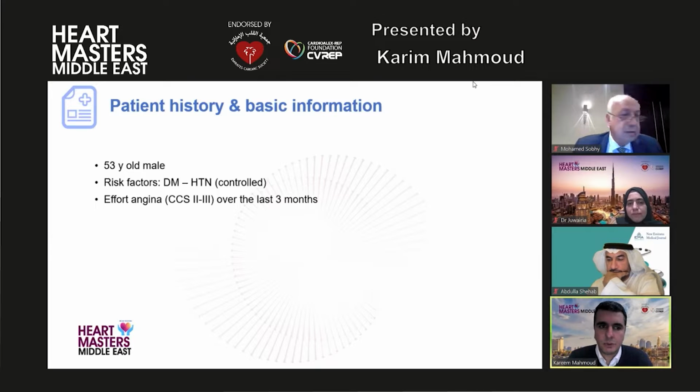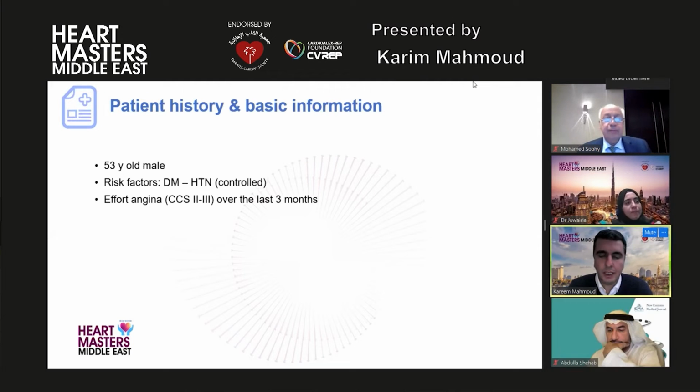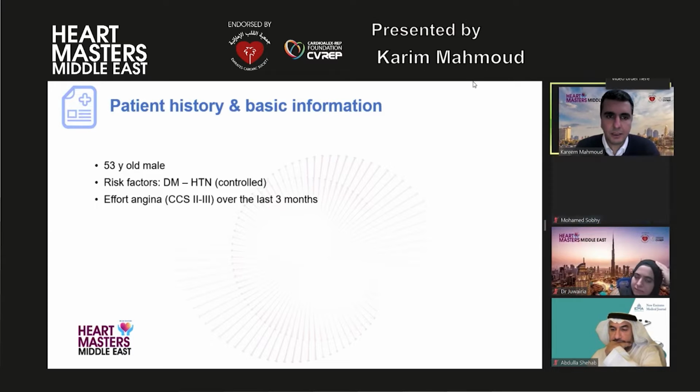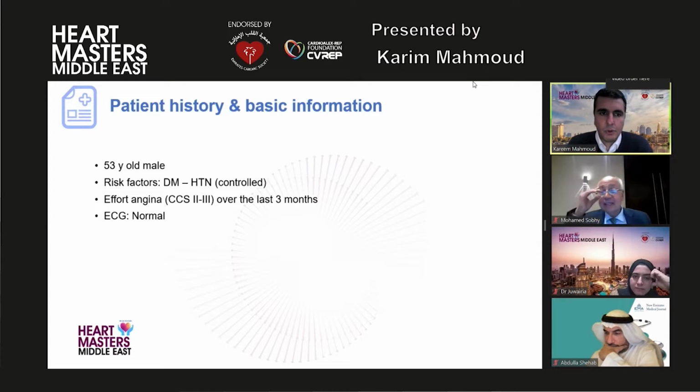He started to have typical cardiac pain of 3 months duration before presentation. These pains occurred on exercise, and it was described as Canadian class 2 to 3. So he started to do the investigations. The ECG was normal.